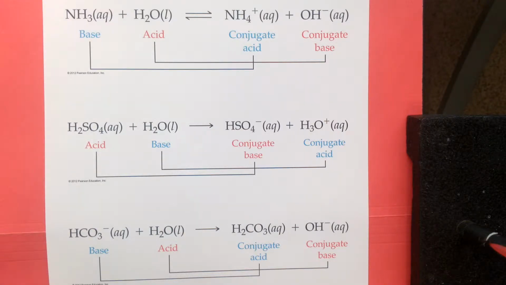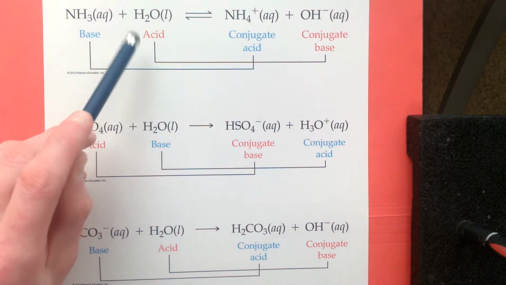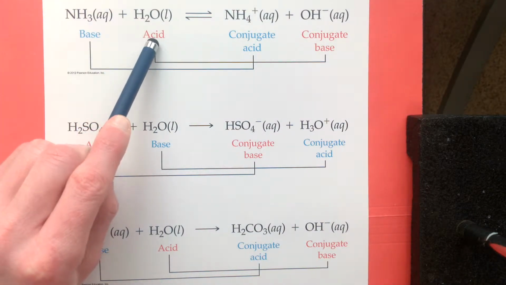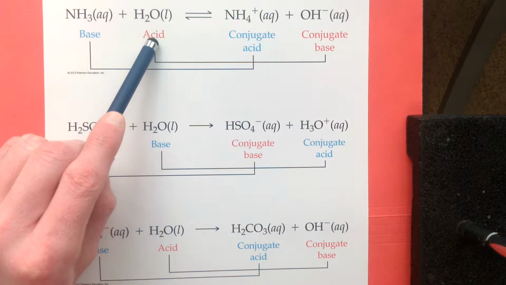When studying acid-base chemistry, one of the theories on determining the acid and the base in a reaction is called the Bronsted-Lowry Theory of acids and bases. In the Bronsted-Lowry theory, an acid is defined as a substance that donates a proton.